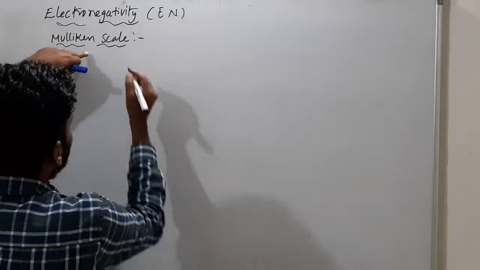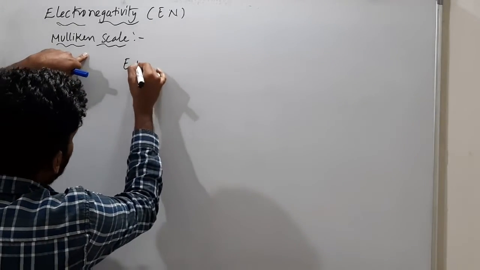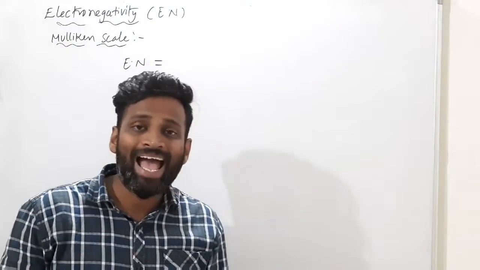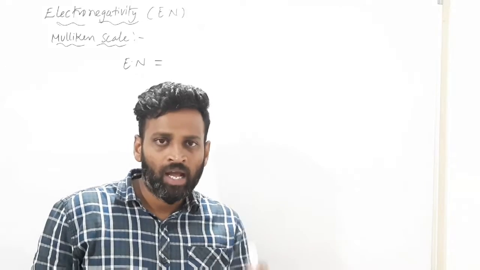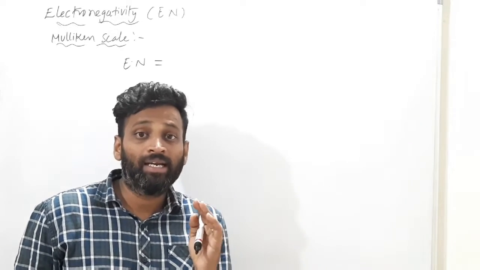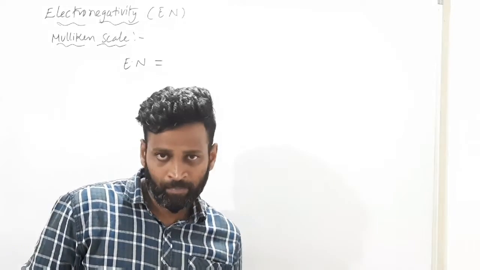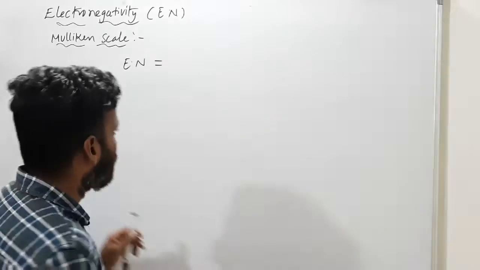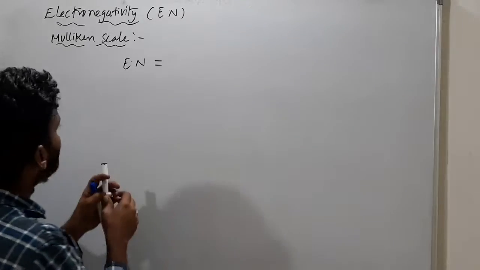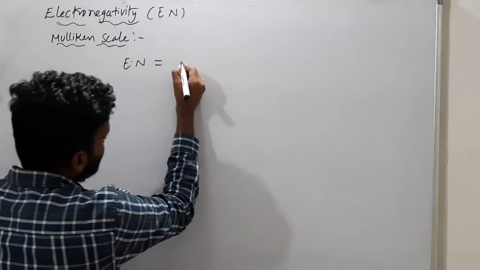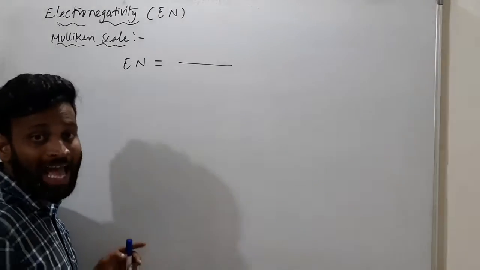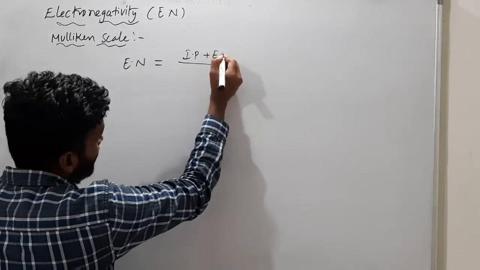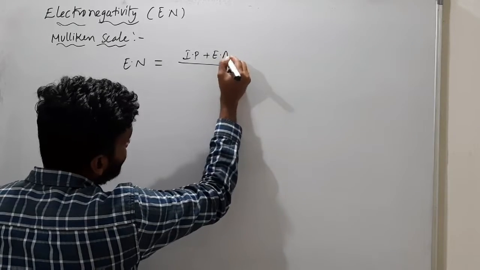So according to Mulliken, what he said: the electronegativity of an atom is equal to the average of the ionization potential and electron affinity of the same atom. So what Mulliken said is that electronegativity is the average of ionization potential and electron affinity.